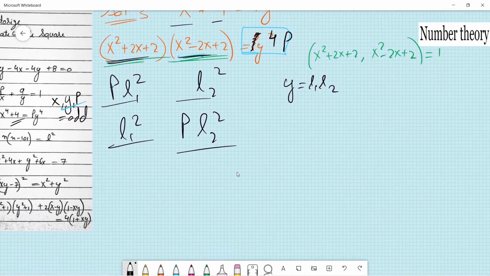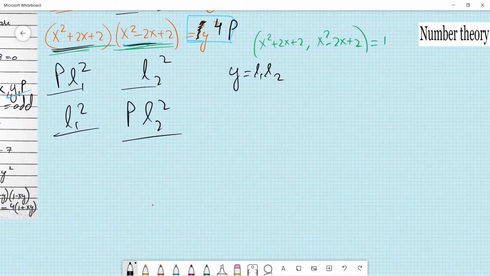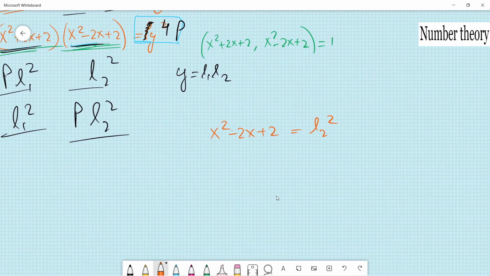So what can we do from this? We have x square minus 2x plus 2 is coming out to be l2 square, and x square plus 2x plus 2 is coming out to be p l1 square.